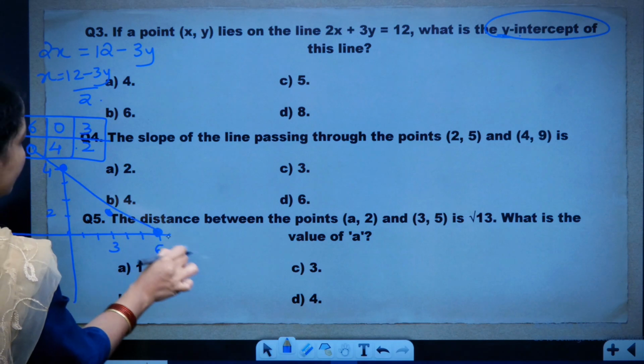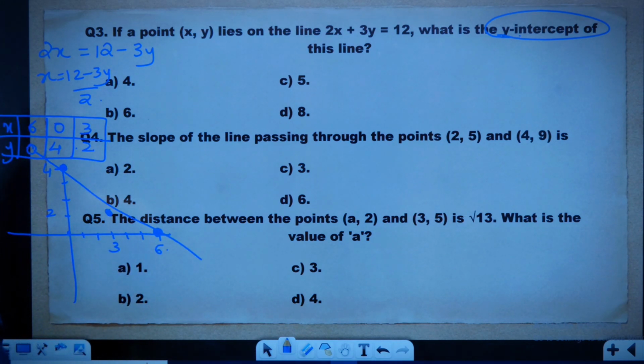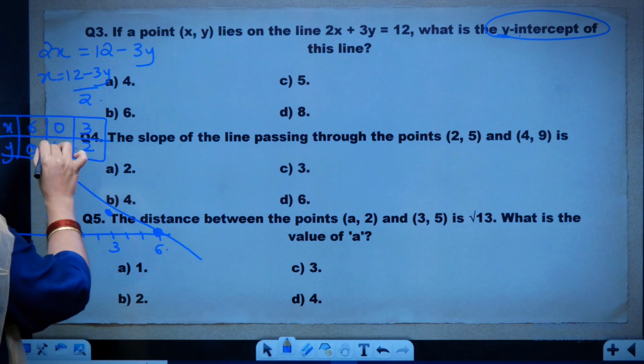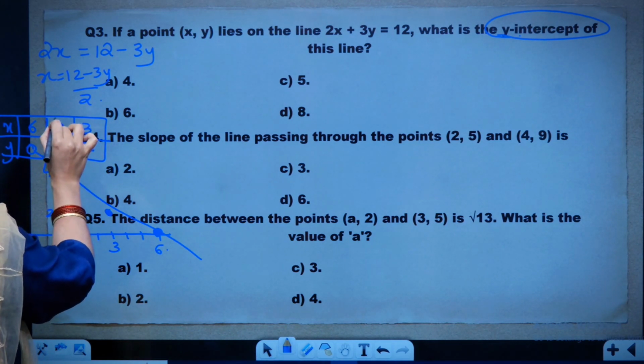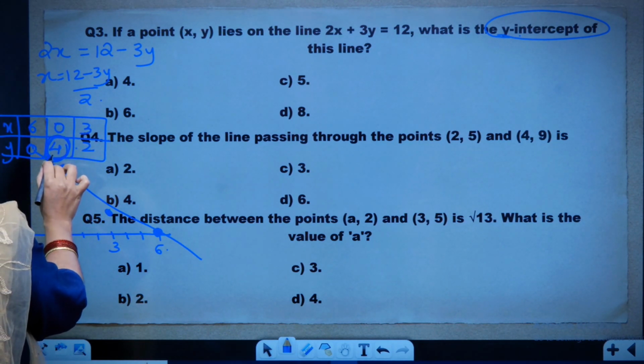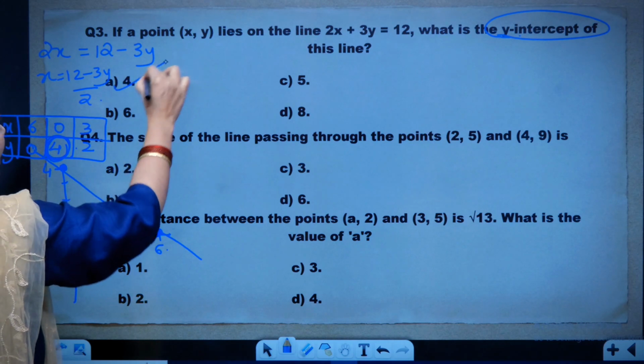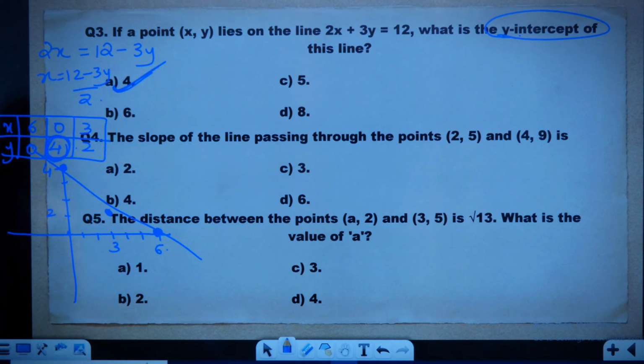So if I can see, this is a straight line coming up like this. My y-intercept is 4 here. When x is 0, y is 4, so option A will be my right answer. That is, y-intercept is exactly 4.